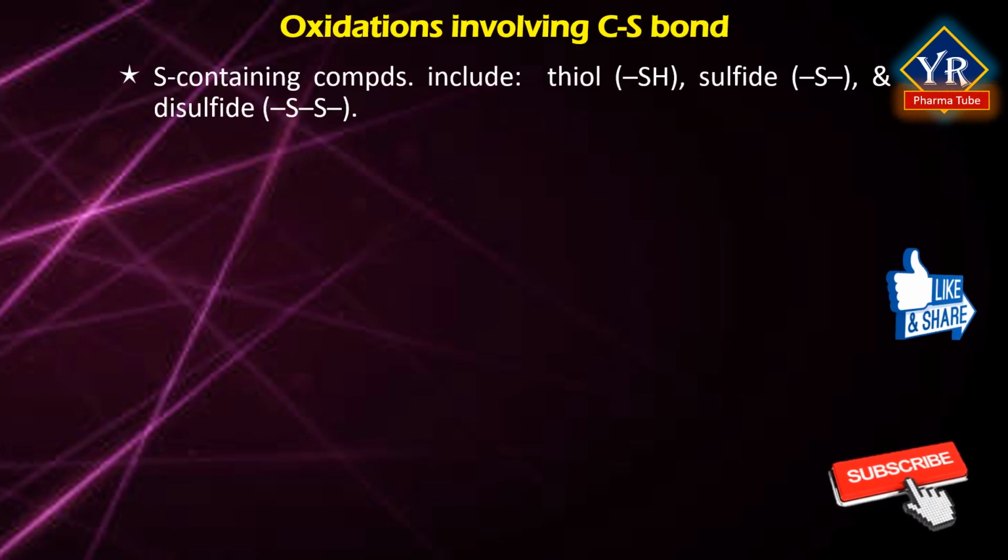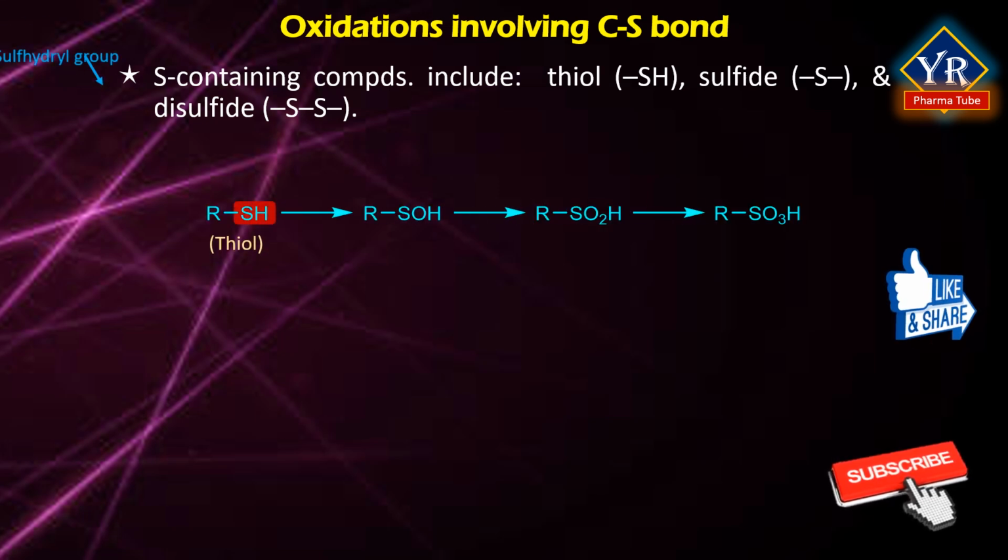Sulfur-containing compounds that are susceptible to oxidation include thiols, sulfides, and disulfides. In addition, some of their initial oxidation products can serve as substrates for further oxidation. For example, the oxidation of thiols, also known as sulfhydryl groups, leads to a sulfenic acid.